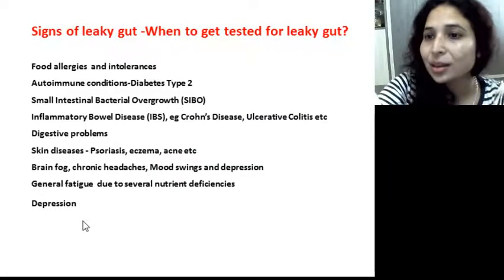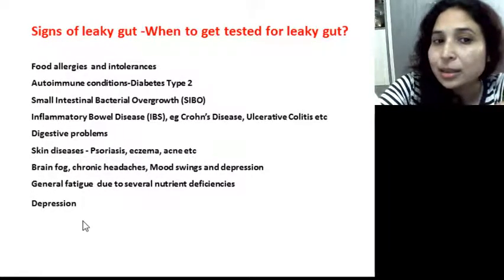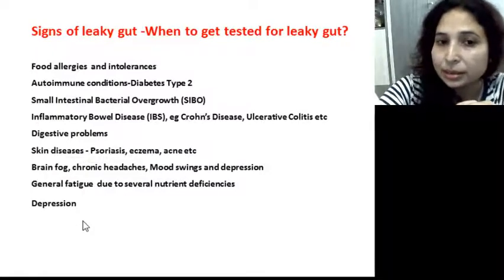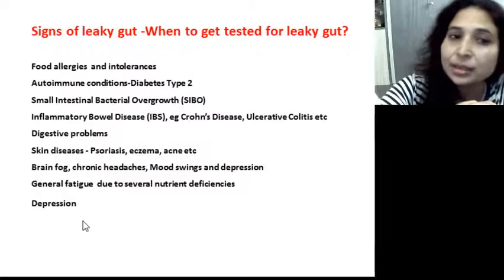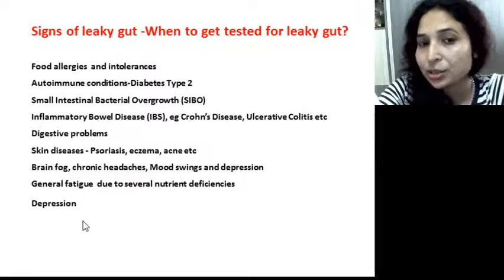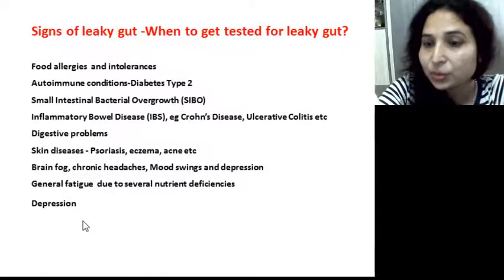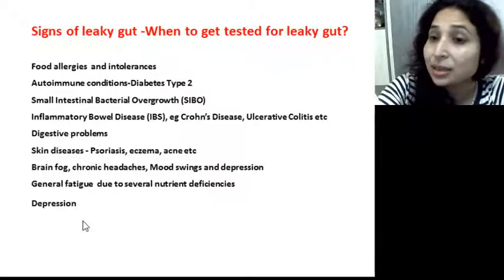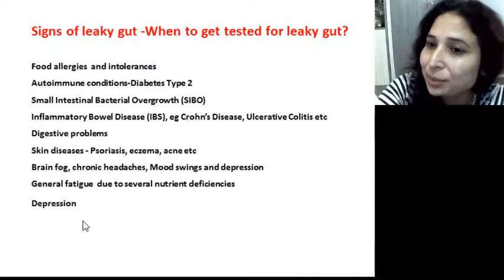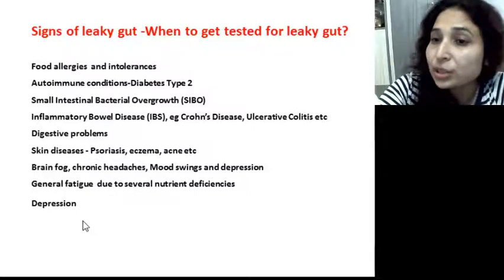So when should we get a leaky gut test done? These are the conditions listed that a person can associate with a leaky gut condition: food allergies and intolerances, autoimmune conditions like diabetes, irritable bowel syndrome, digestive problems, skin diseases, brain fog, confusion, headaches, mood swings, depression, excessive fatigue, and nutrient deficiencies.